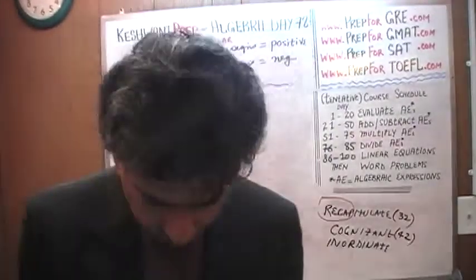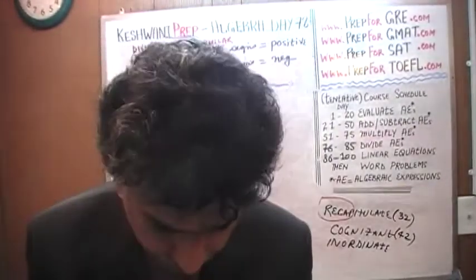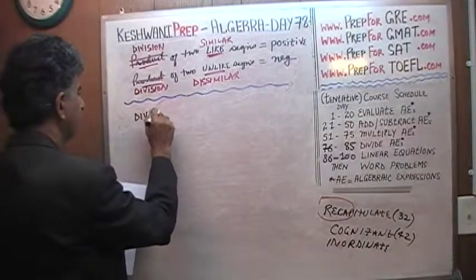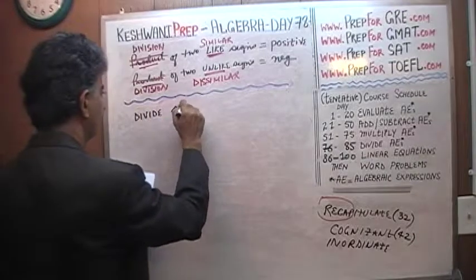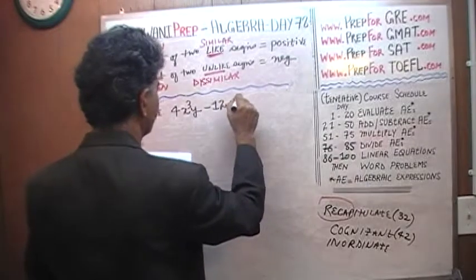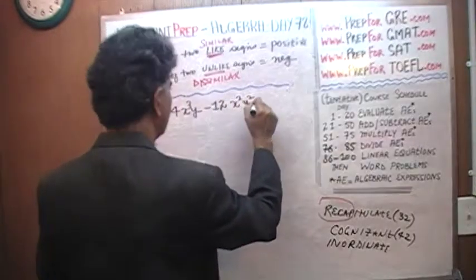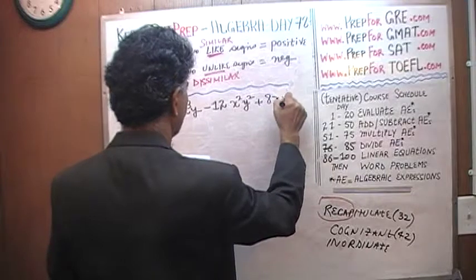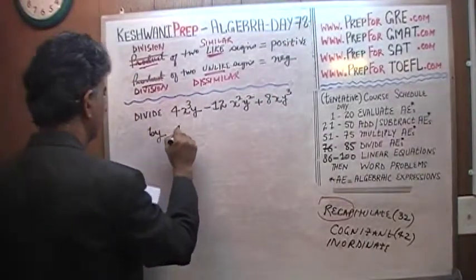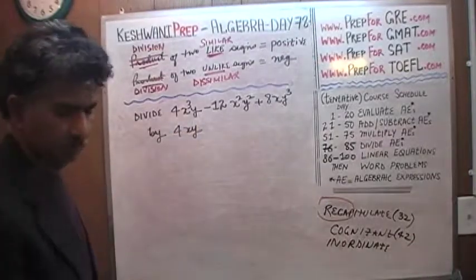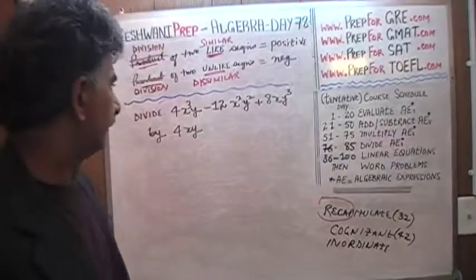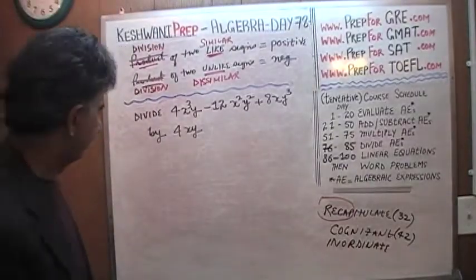It says divide 4x cubed y minus 12x squared y squared plus 8xy cubed by 4xy. Well, that's our question. This should have continued in the same line, but I don't have the room.